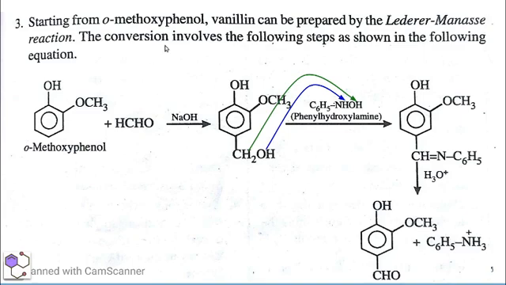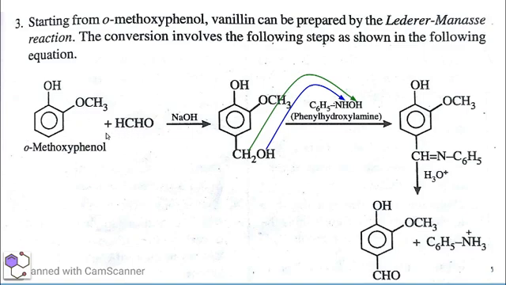In the third method of preparation we are using the Lederer-Manasse reaction. The starting material here is also orthomethoxyphenol. This is the structure of orthomethoxyphenol. In the second and third methods we are using the same starting material.